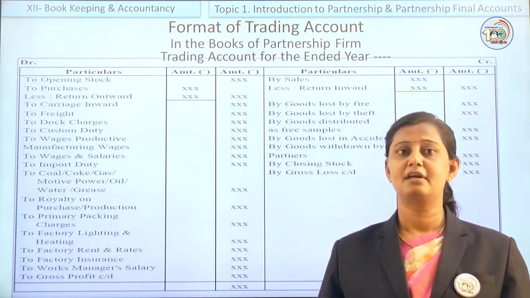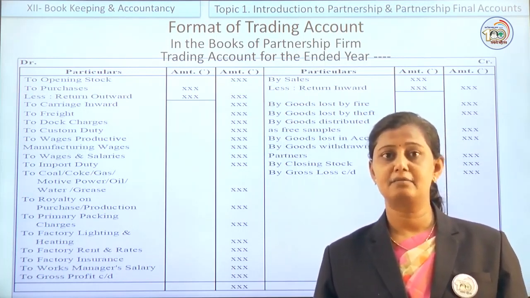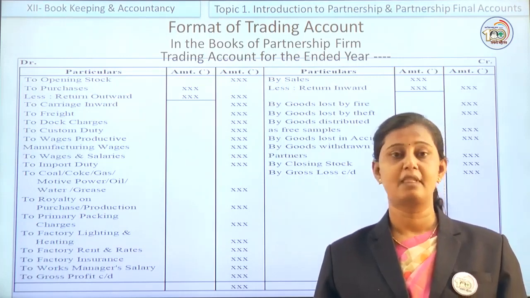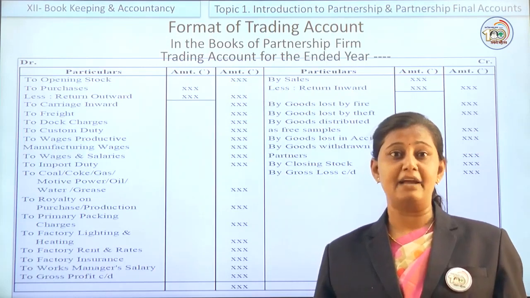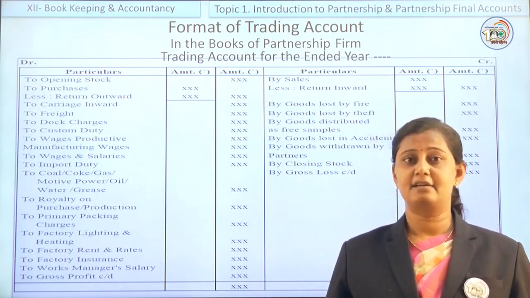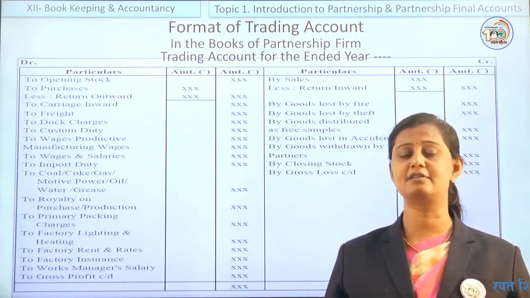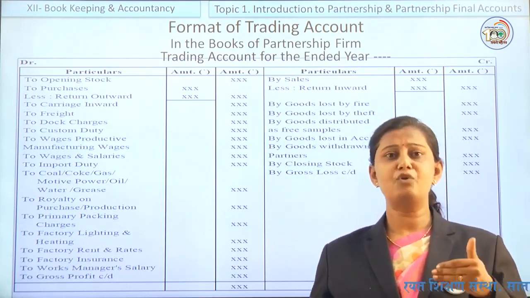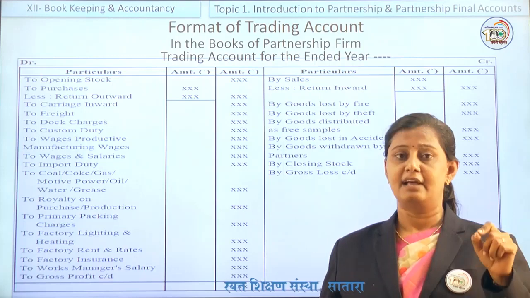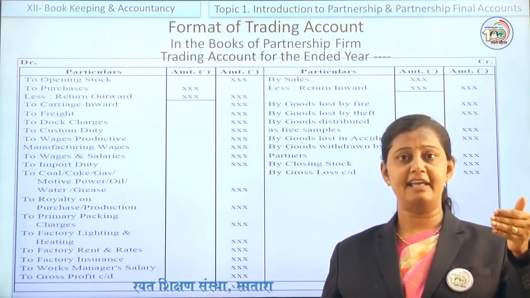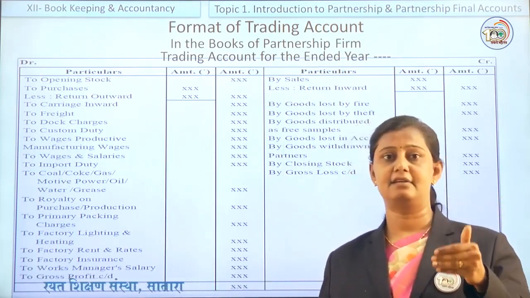Next items are by goods lost by fire, by goods lost by theft, by goods destroyed, distributed as free sample, by goods lost in accident, by goods withdrawn by partners. That means outward movement of goods, all are direct incomes, hence it is recorded on the trading account credit side.